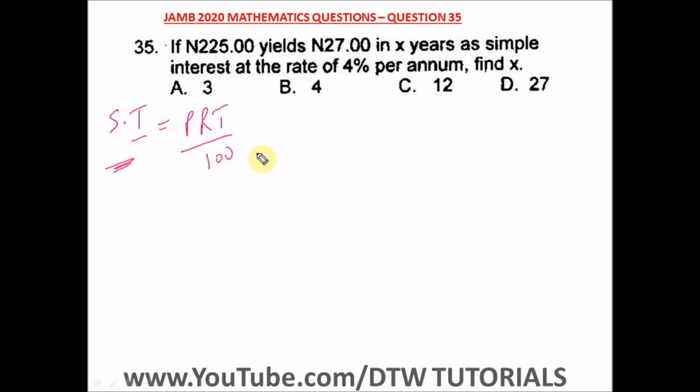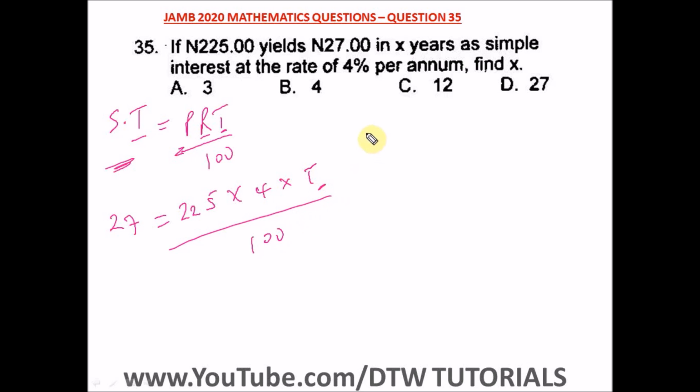Here we are given our interest to be 27. We are given our principal to be 225. We are given our rate as 4, and we are asked to find t, which is what we are looking for, all over 100.